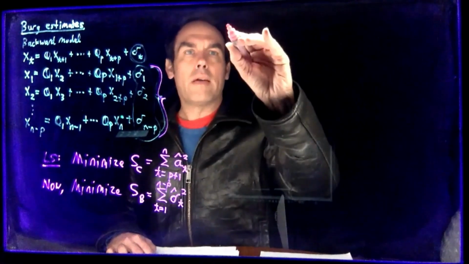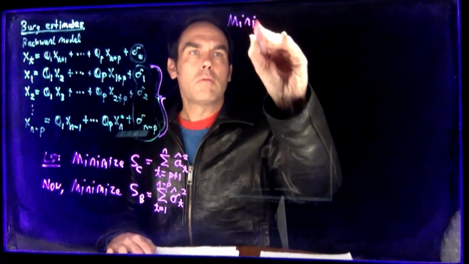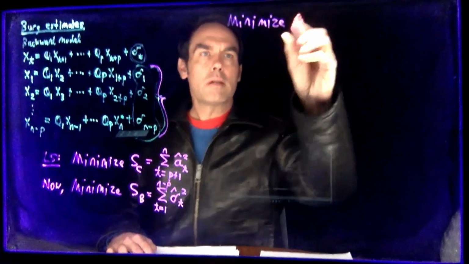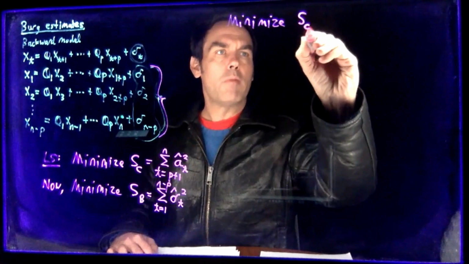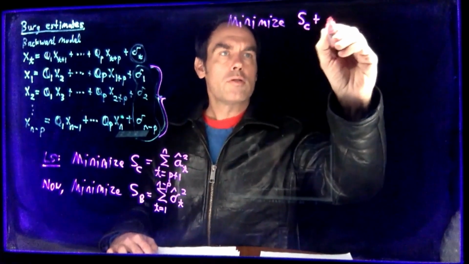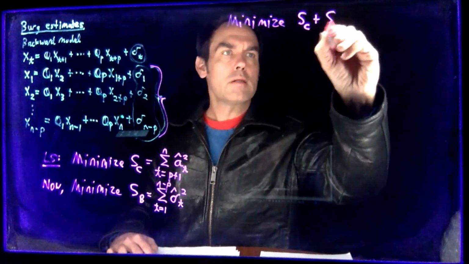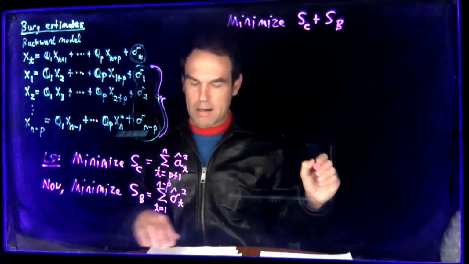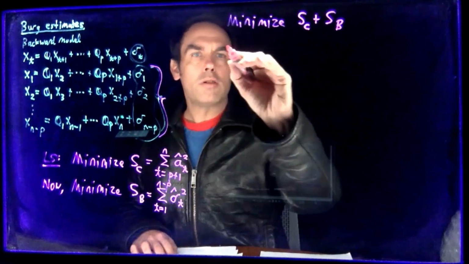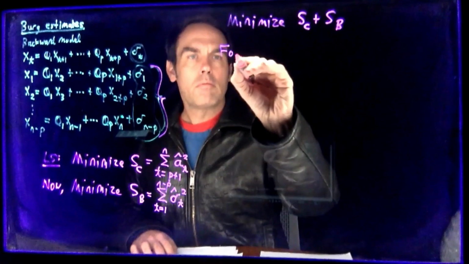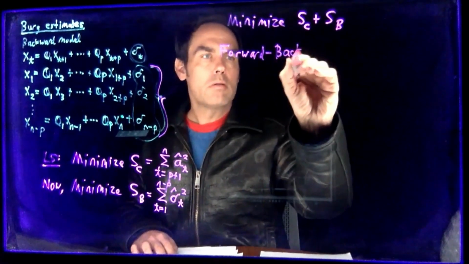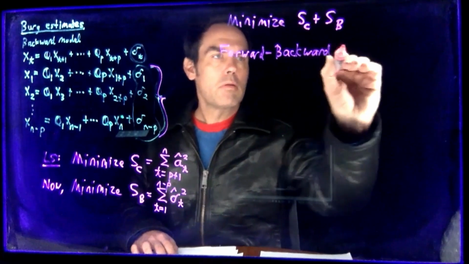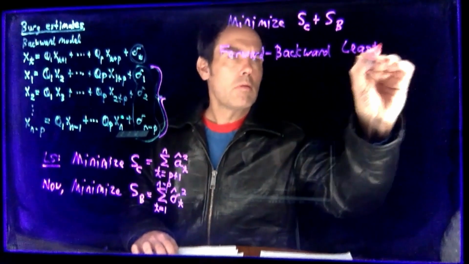So the goal then is to minimize the sum of both of those, SC plus SB. These are called the forward-backward least squares.